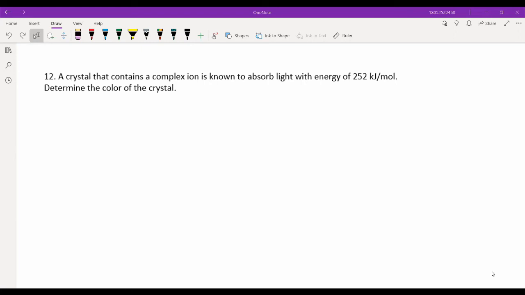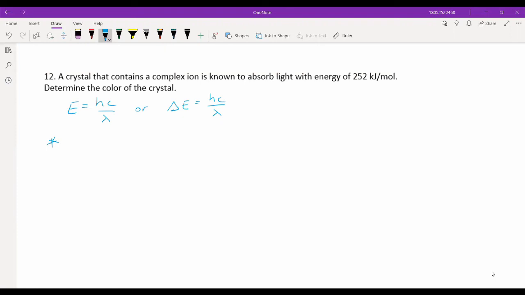So ultimately we're using the equation E equals hc over lambda, or specifically delta E equals hc over lambda. The thing that is important to remember is that these are always calculated from energies of one photon or wavelengths of one photon. Mainly the energy of one photon, I guess. The wavelength would be the same.